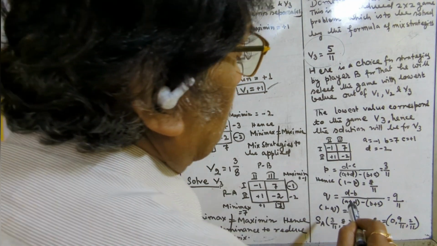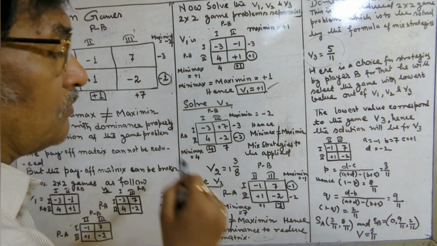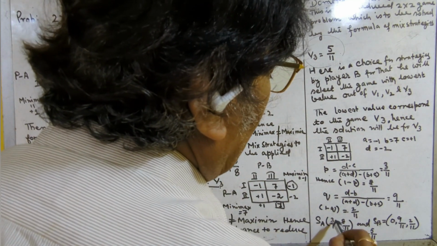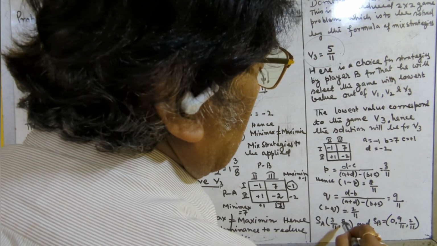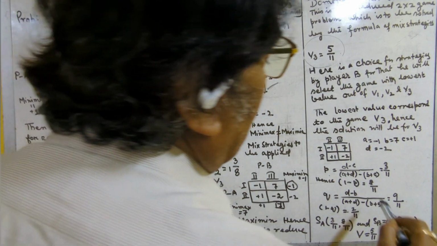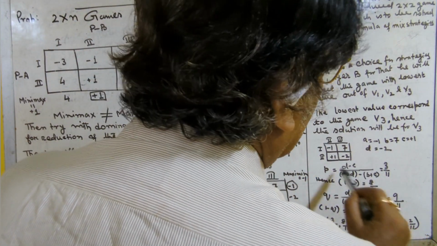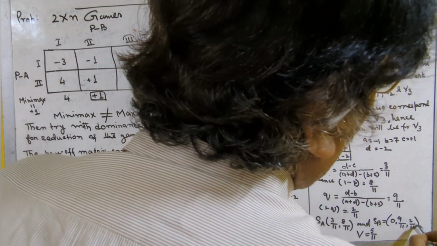Finally, the best strategies for solving this problem will be, for player A, 3 by 11 and 8 by 11 for strategies 1 and 2. And player B will not apply the first strategy, that's why it is 0, and for strategy 2, 9 by 11 and 2 by 11.